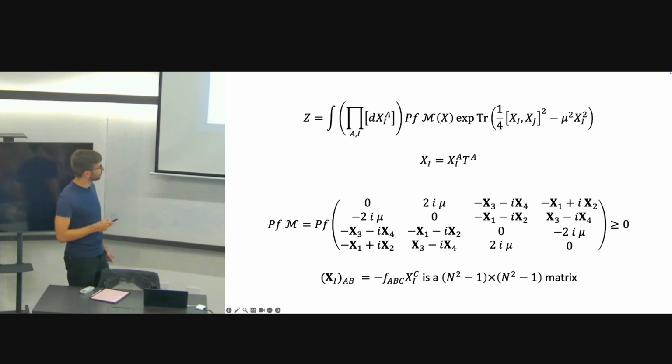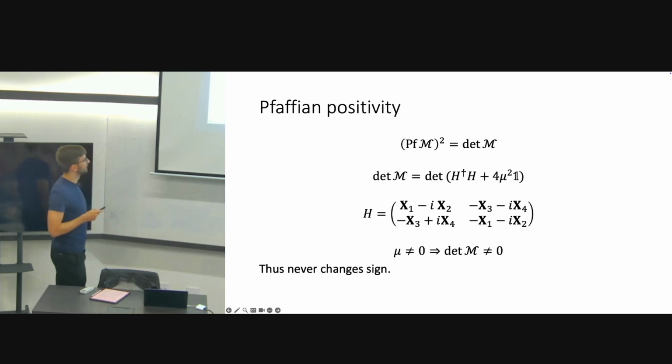I don't know if I have enough time. Okay, let me quickly describe how to show that this Pfaffian is positive. The very important property of the Pfaffian is that its square gives the determinant. So I want to compute the determinant of this matrix. I can use some tricks of rearranging the columns and the rows, and I can write the determinant in terms of the following quantity. H is now a 2x2 instead of a 4x4 matrix, where each block is still very, very big.